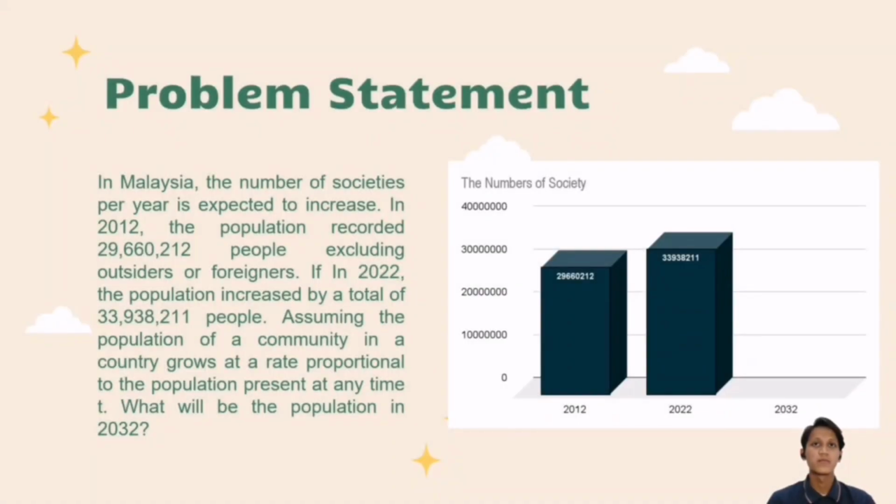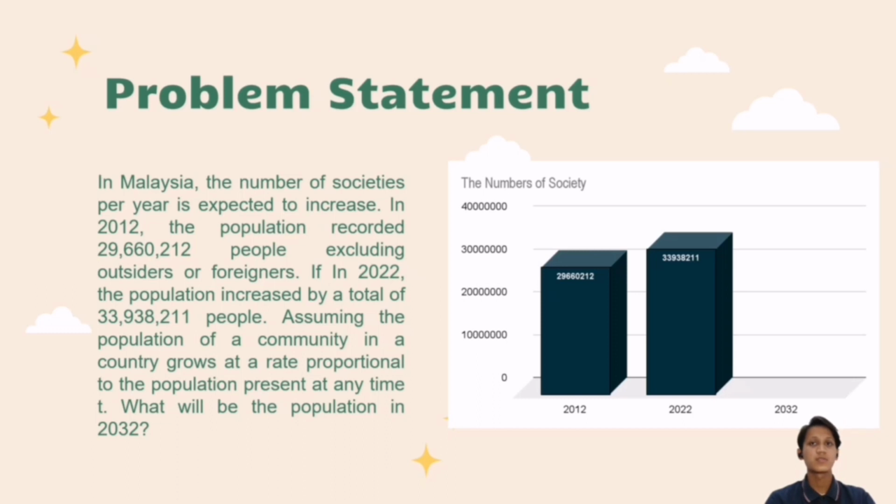We move on to the problem statement. We decide to make a calculation of population growth in Malaysia. So this is our problem statement. In Malaysia, the number of societies per year is expected to increase. In 2012, the population recorded around 29 million people, excluding outsiders and foreigners.